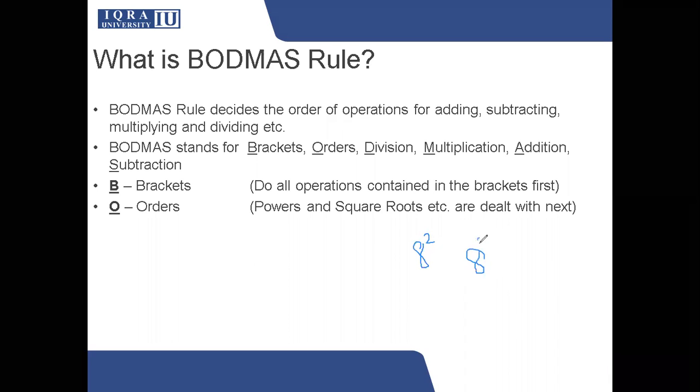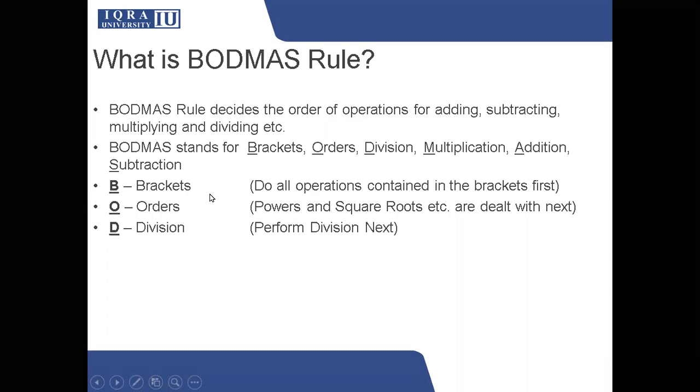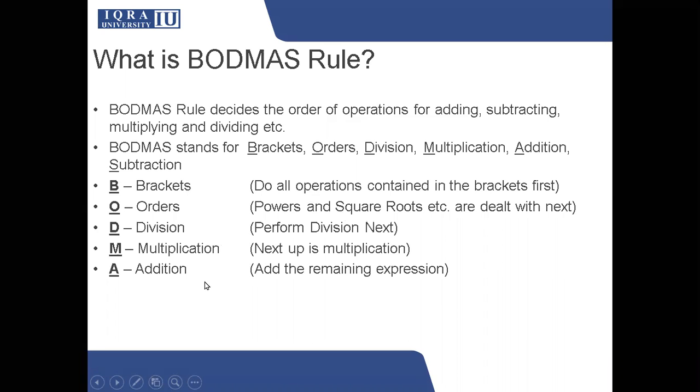Or 8 cube, now this is 8 power 3, right? So first of all, we have to solve whatever is in the brackets. Then we have to move on to the orders. We have to take the squares or the cubes or even the square roots or the cube roots, all these examples. Next up, there's division. When you're done with the brackets and the orders, then you have to perform division, and then subsequently multiplication, then addition and subtraction.